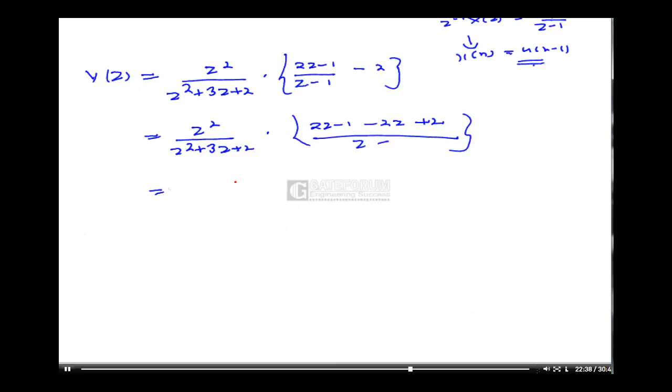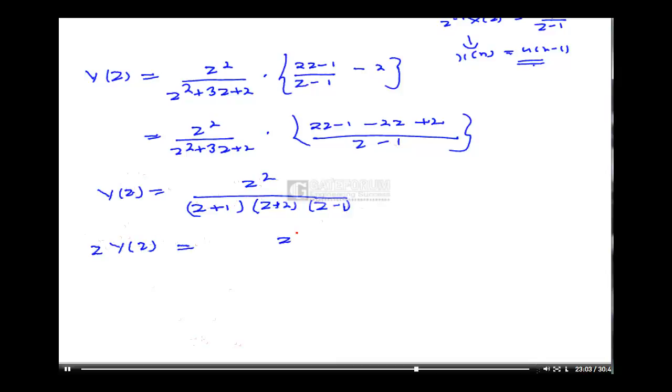So, this will be z squared upon z plus 1, z plus 2 and z minus 1. Okay. This is my Y(z). Okay. I can write Y(z) over z is equal to z cubed upon z plus 1, z plus 2, z minus 1.